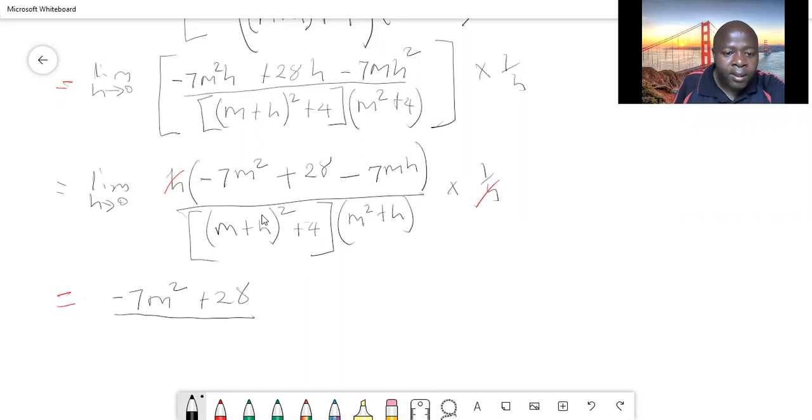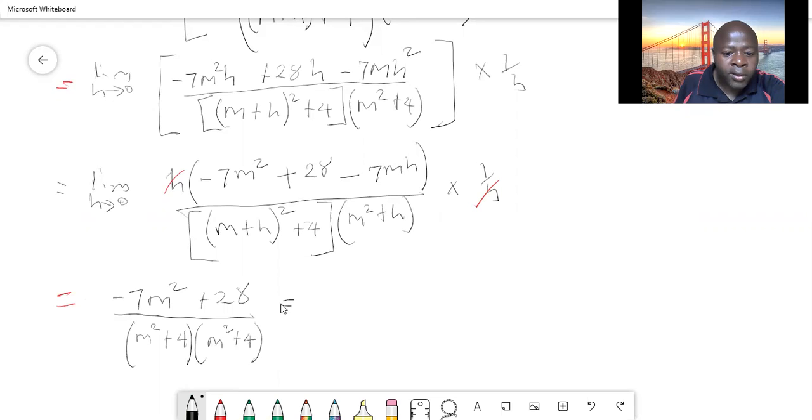over, this is 0, so m square plus 4 and then close multiplied by m square plus 4.